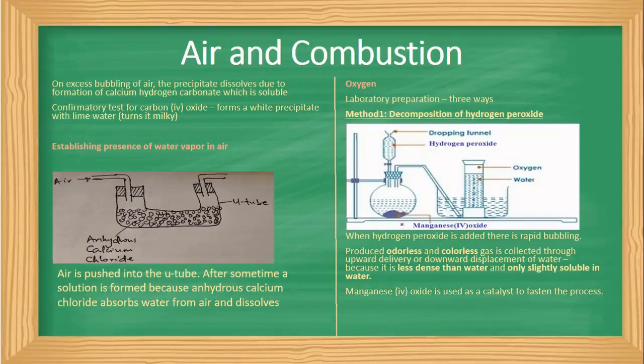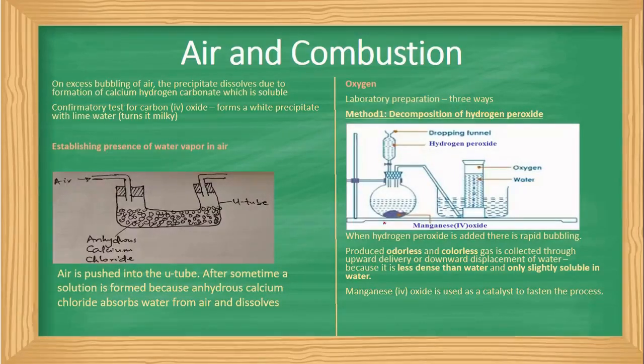Manganese 4 oxide, which is a component inside the flask, is used to enable the decomposition of hydrogen peroxide. Hydrogen peroxide alone cannot decompose quickly, so it requires a catalyst like manganese 4 oxide, which will make it decompose very fast. So manganese 4 oxide is a catalyst.